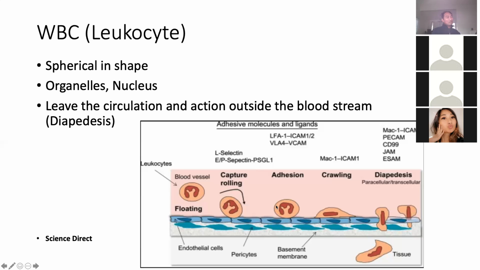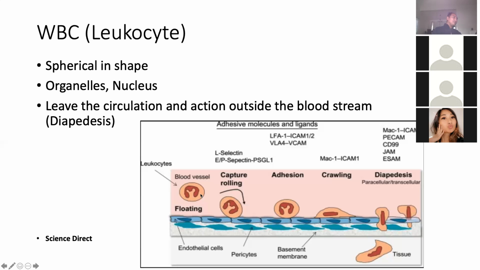So usually what happens is, let's say this is the blood vessel, a capillary, and these are the lining cells, erythrocytes, and you remember the pericytes, which line the outside of the endothelial cells.